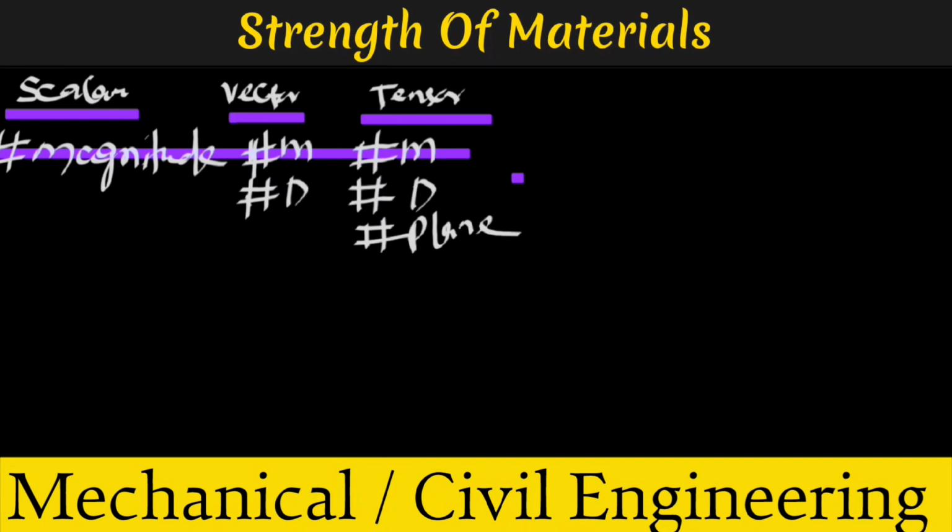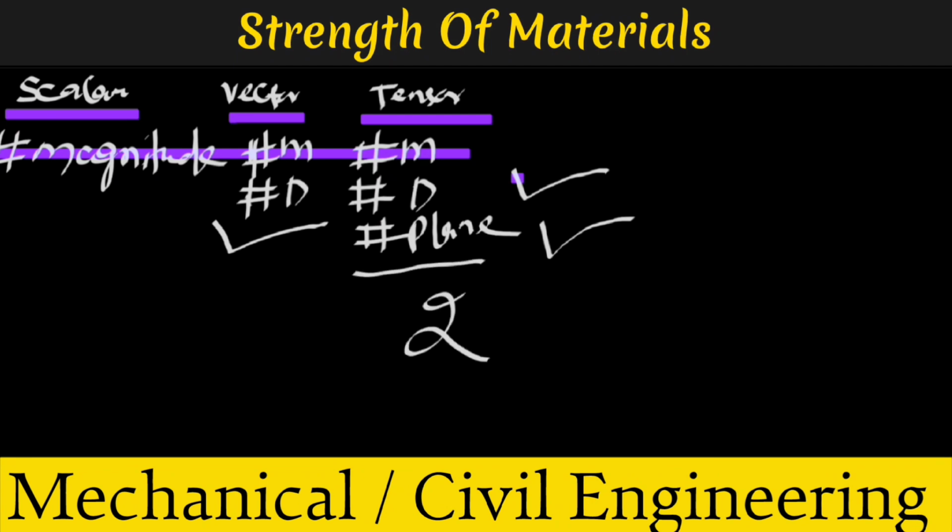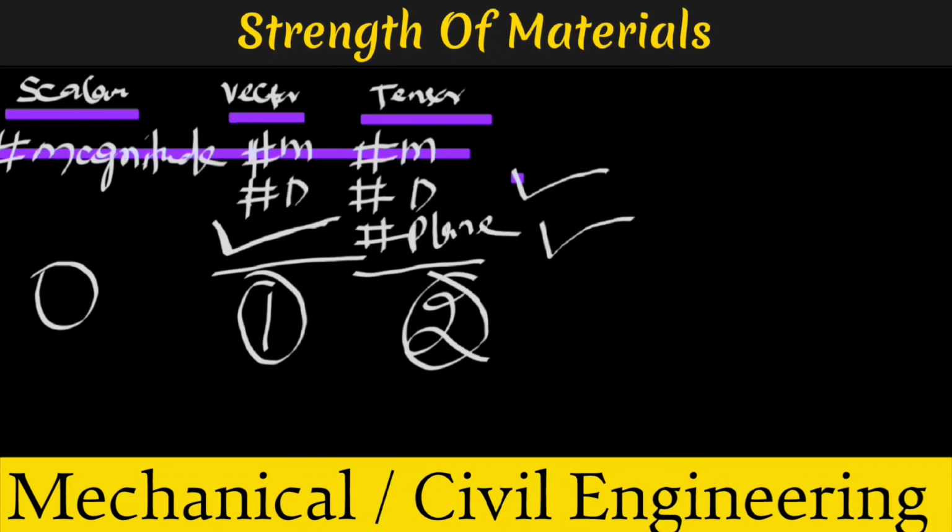Now the tensor has two things, one is the direction, second one is the plane, and the vector quantity has one thing, only direction, and the scalar has nothing left.